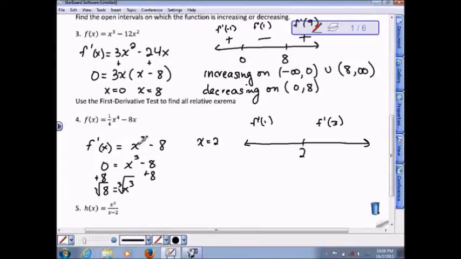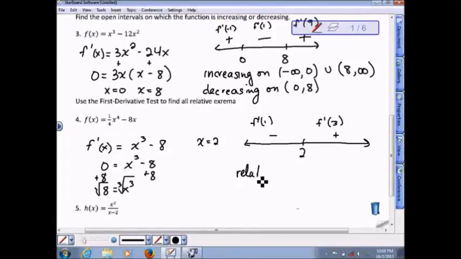If 1 is plugged into the first derivative, 1 cubed minus 8 is a negative number, but if 3 is plugged in, 3 cubed minus 8 is a positive number. Graphically, in this interval the function is decreasing, so it may look something like this, but when it reaches x equals 2, the function starts to increase. Because it switches from decreasing to increasing, it has to be a relative minimum.